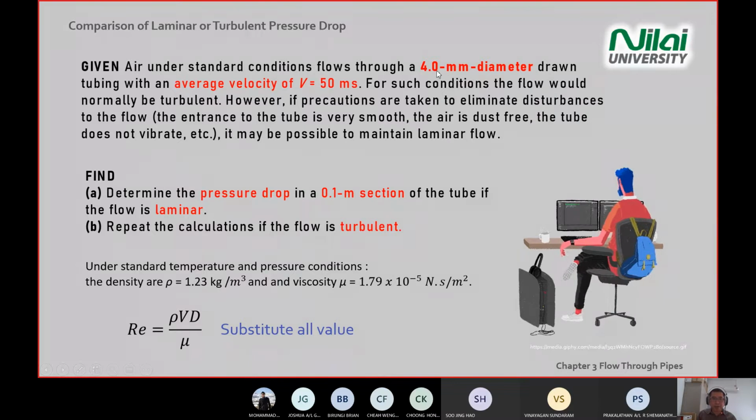Don't straight away use 4 mm. You need to change it to meter, because all the values inside the equation here are in meter, divided by mu, in Newton second per meter square. So do the calculation and substitute all the values.